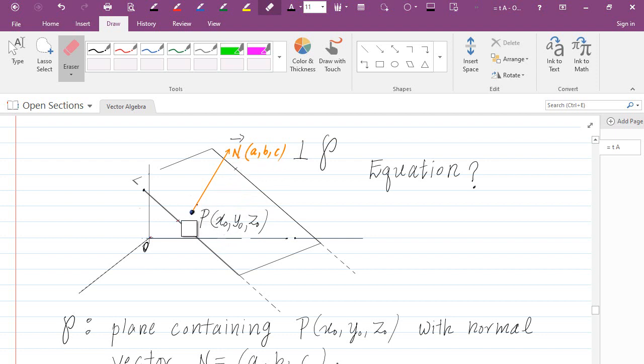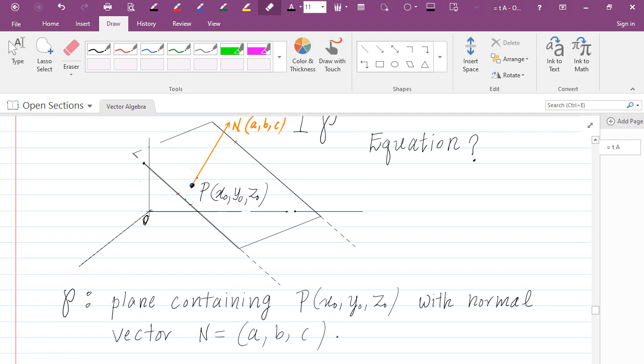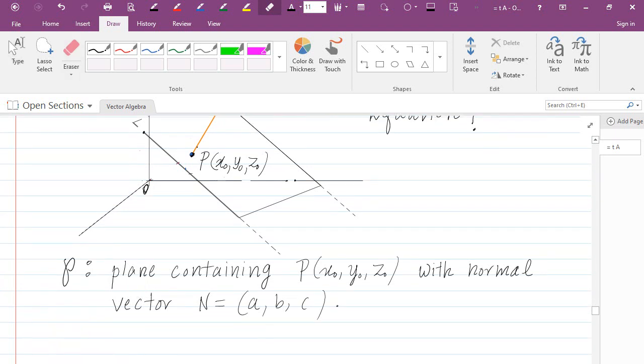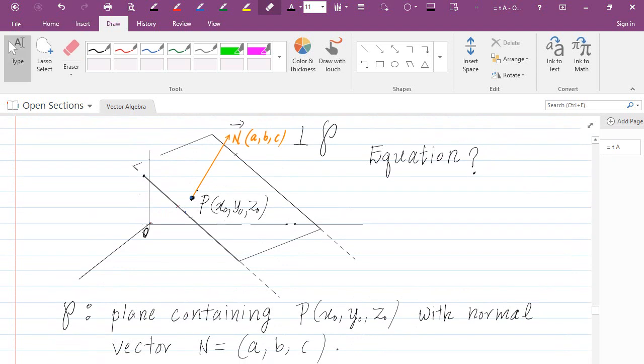The goal then is to find the equation of this plane, that is, the equation of the plane containing a given point P, x naught, y naught, z naught, with normal vector n equal to (a, b, c). When I say normal vector, I mean a perpendicular vector to the plane.